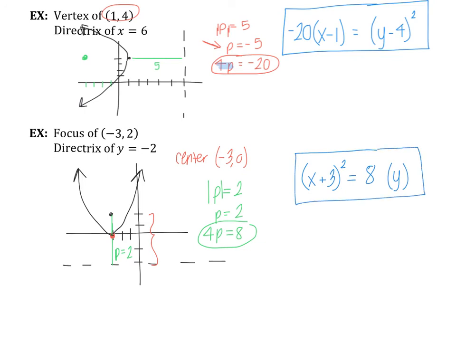Now, I wrote it this time with my squared term first for no reason. You could rewrite it like this. It is the same thing, obviously. Just depends on where you want to put your squared term. Again, the x is squared, so I know that I'm going up or down. And since my p-value is positive, I know I go up.